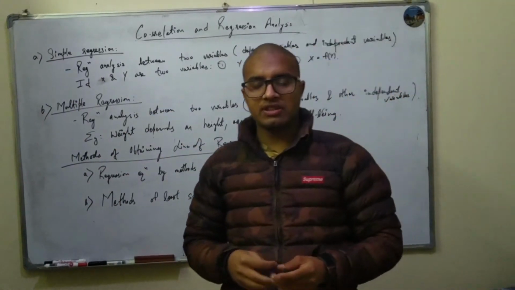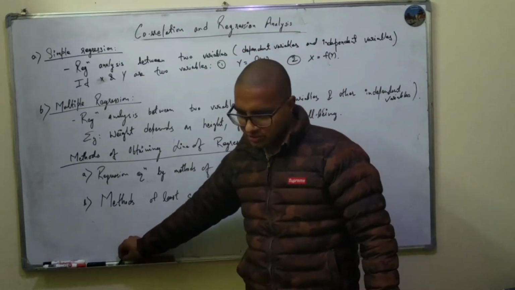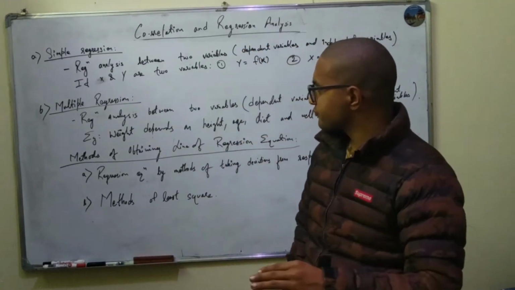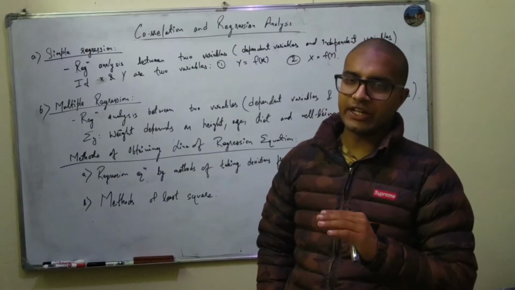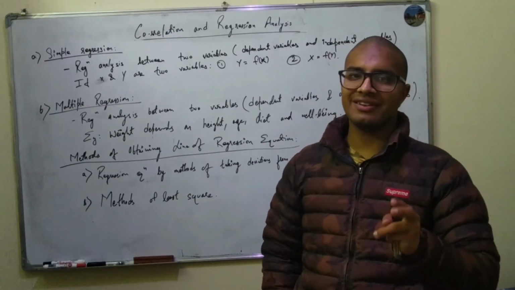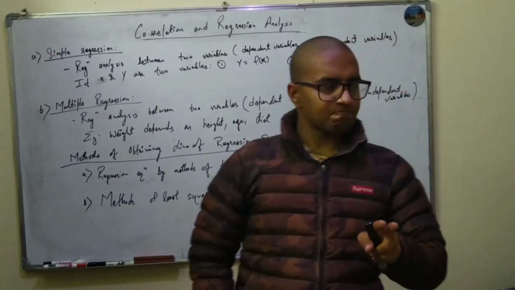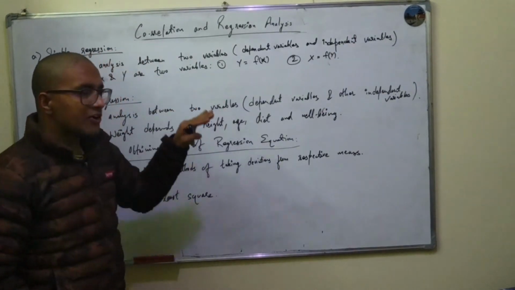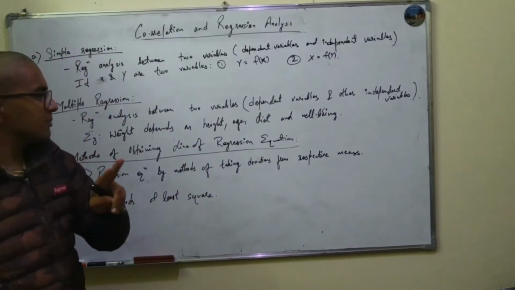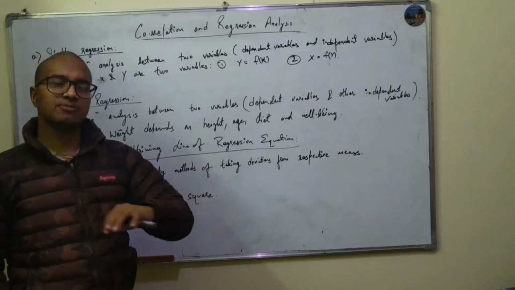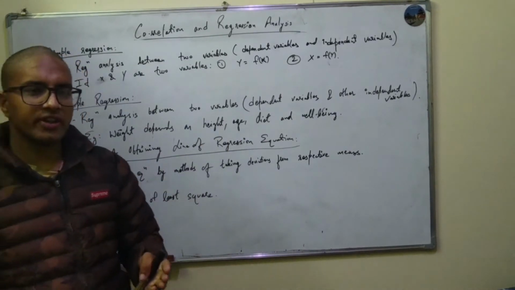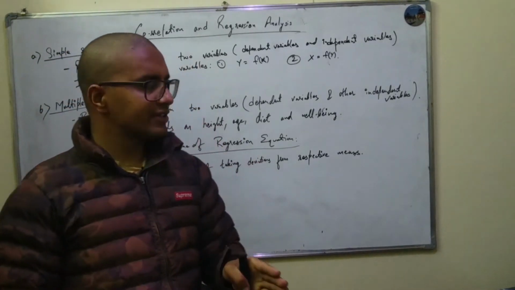So in case of simple regression, how do we find the line of the regression equation? It is a relationship between two variables, a regression analysis between two variables, dependent and independent.